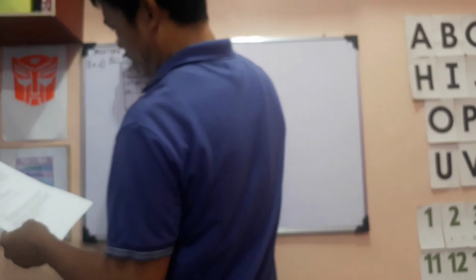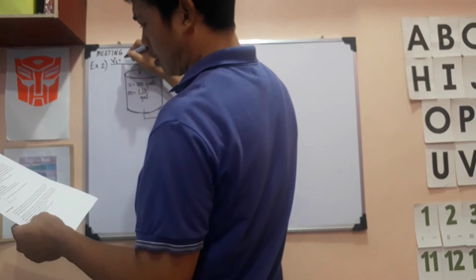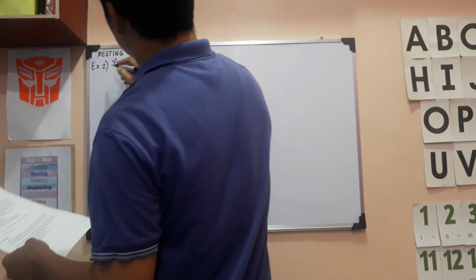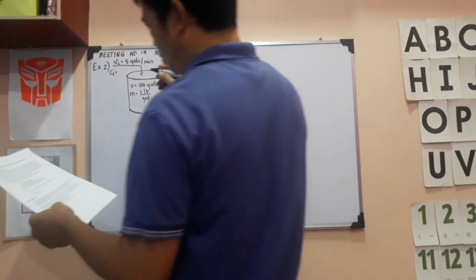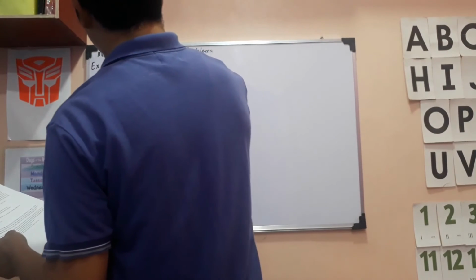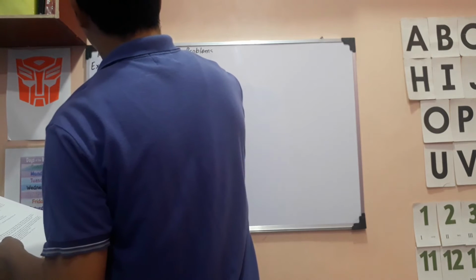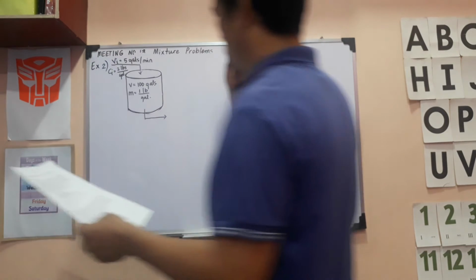So we have the V sub I. The volume inflow is 5 gallons per minute. And the concentration inflow is 2 pounds of salt per gallon. 2 pounds per gallon. Yan.